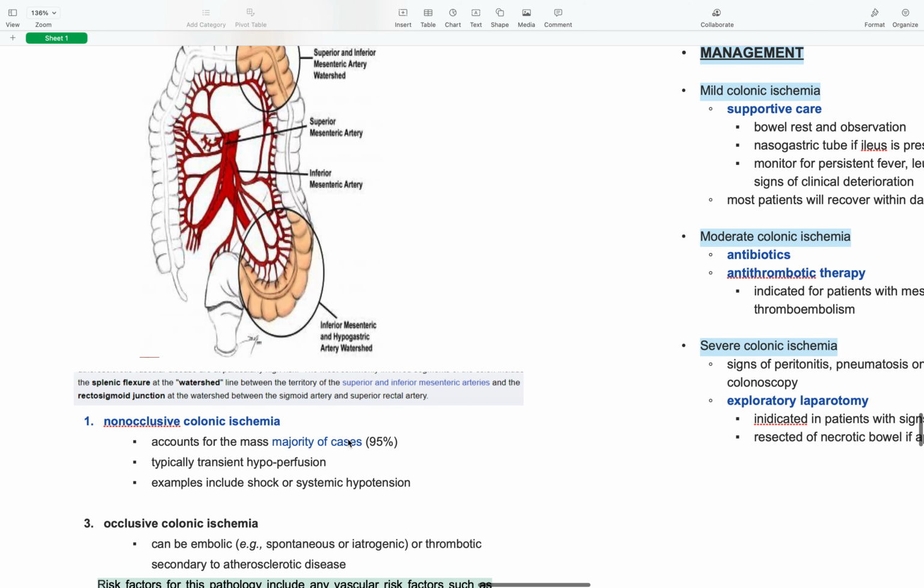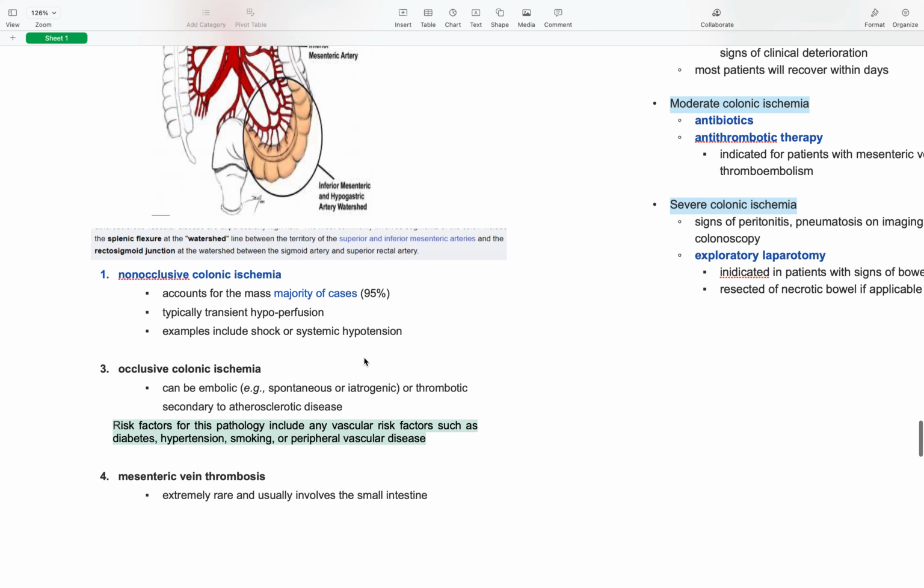Non-occlusive colonic ischemia is the majority of cases and presents with hypoperfusion, for example in shock or systemic hypotension. Occlusive colonic ischemia can be embolic. Patients with atrial fibrillation can present with an embolus that may lodge into these arteries, especially the superior mesenteric artery.